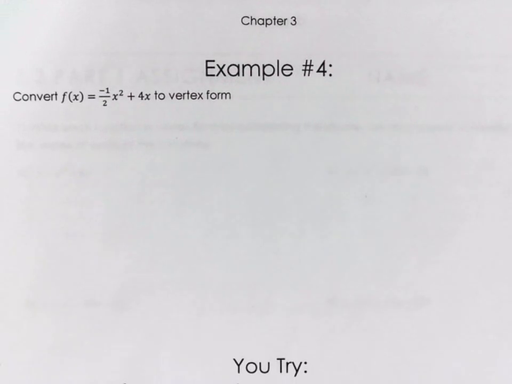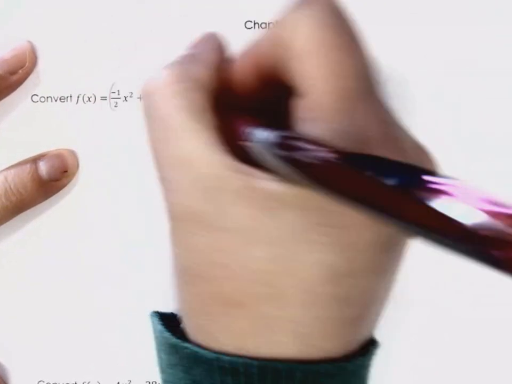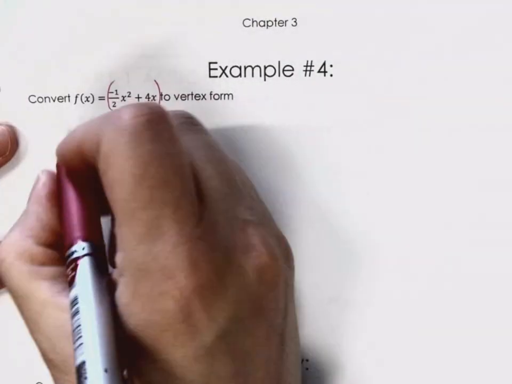Okay, this one's a little bit different because what's it missing? The y-intercept. It's not missing the y-intercept, we're not writing it, so where's the y-intercept? 0, okay? Not a huge problem. I've grouped my x's, and that's all I have are x's.